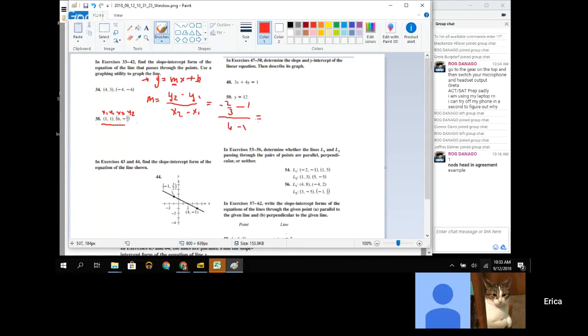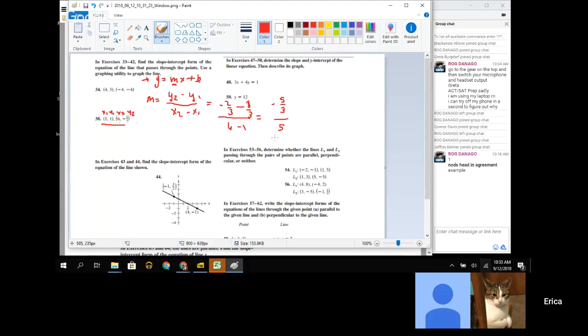Okay, negative 2/3 minus 1 is actually, I'm going to do a little math magic here. It's actually negative 5/3 because you change 1 to 3 over 3, and you get negative 5/3. And then 6 minus 1 is 5.